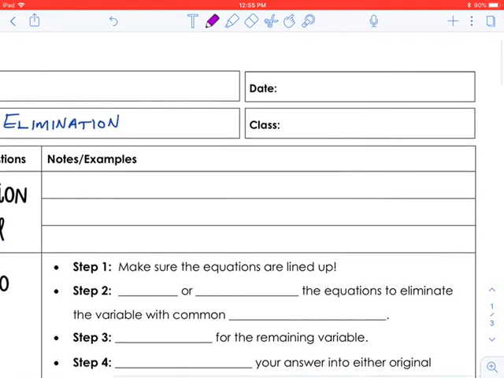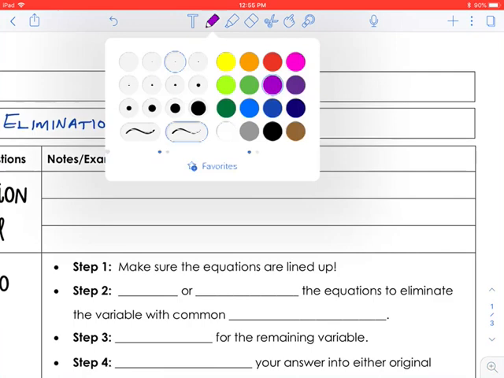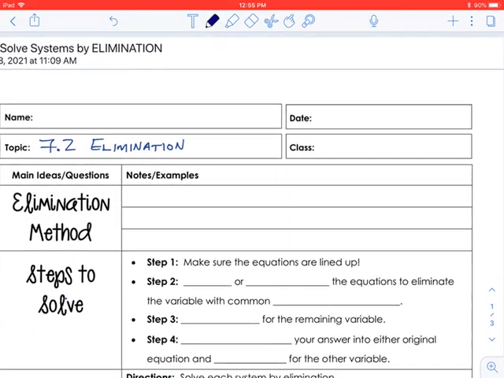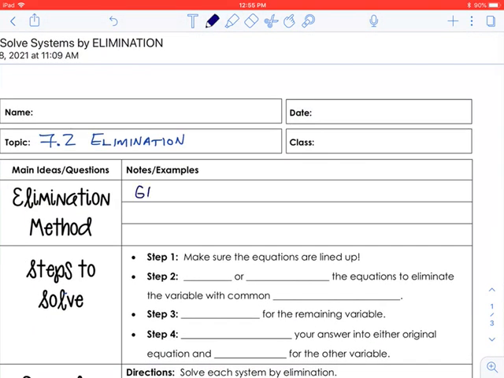Okay, so the basic idea of elimination is that what you're going to do is get rid of one of the variables. Get rid of one variable to find the other.